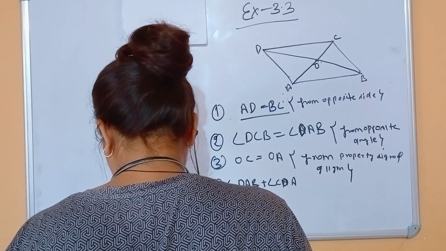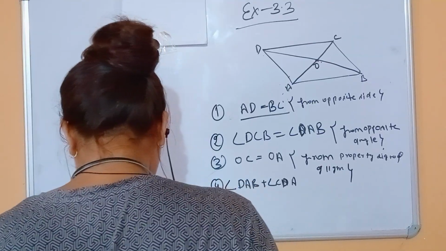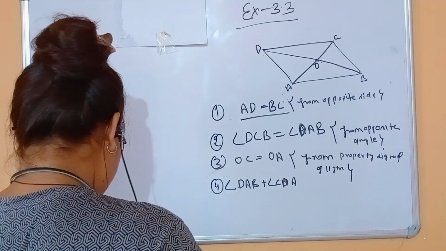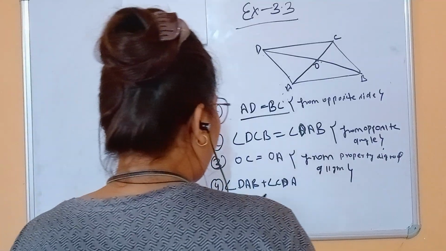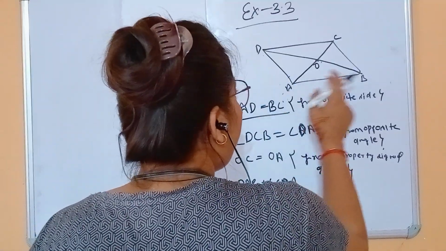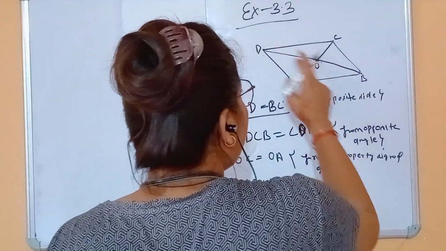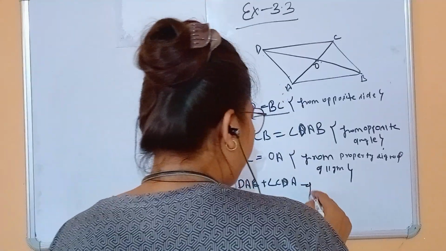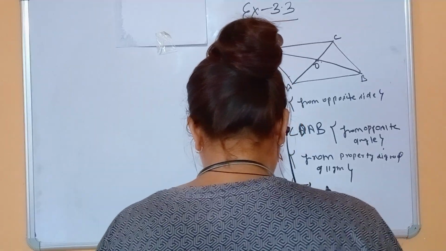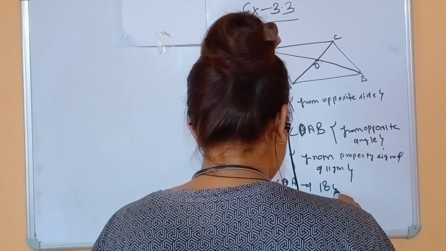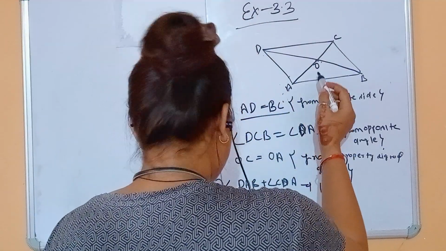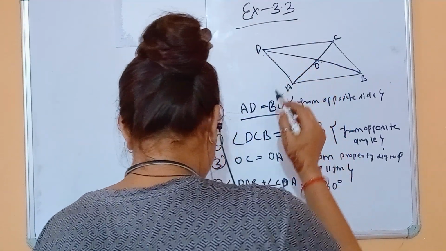You understood? So here it says angle DAB and angle CDA are supplementary angles, so we write 180 degree, because of interior opposite angles, AB is parallel to CD.